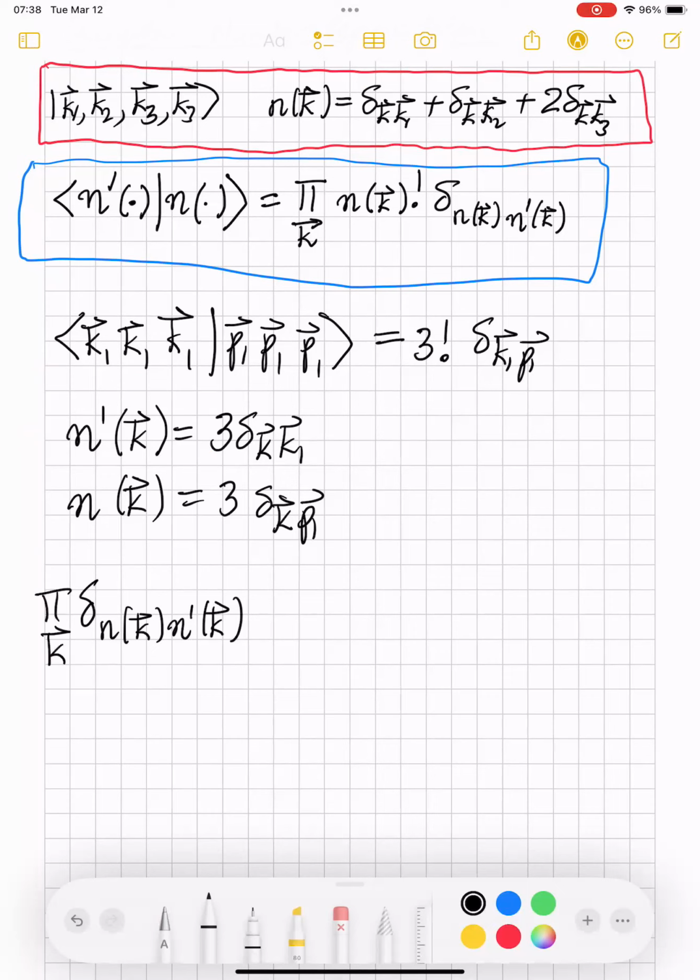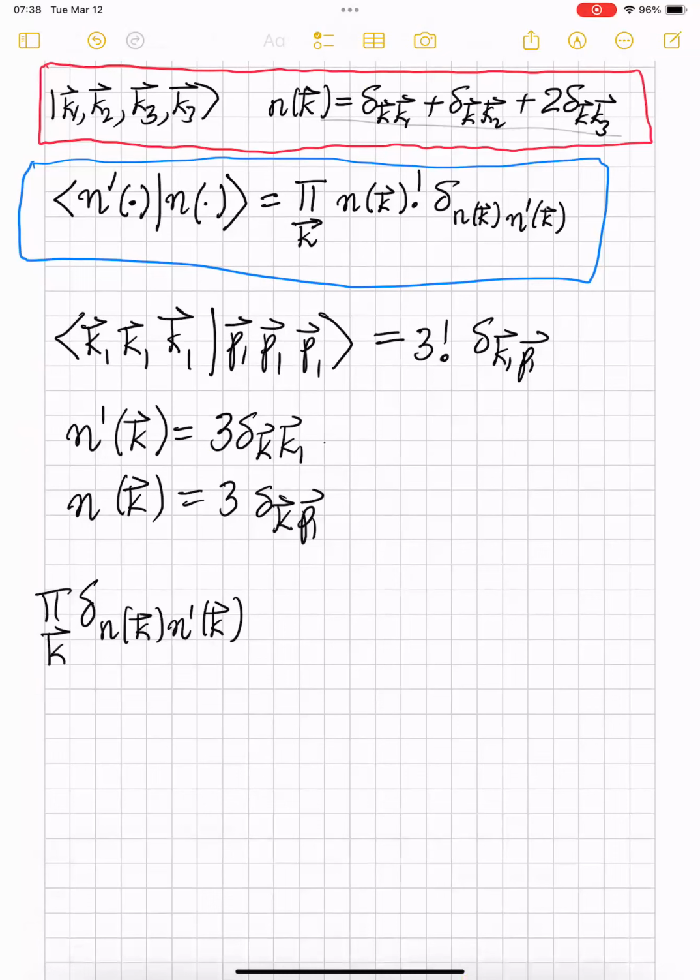Well, most of the time, n is naught, n primed is naught, and no problem, it's delta naught naught. In the specific case where k becomes k1, then n of k1 is 3, and n primed of k1 would also be 3 if k1 is equal to p1.